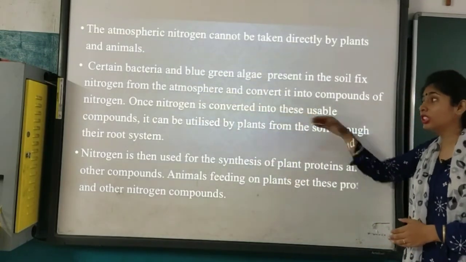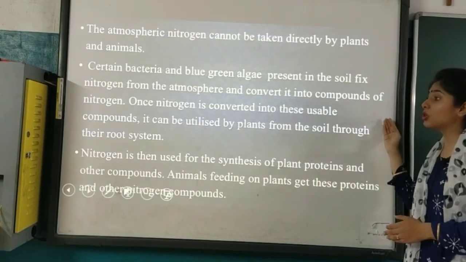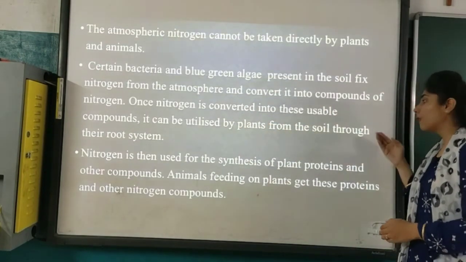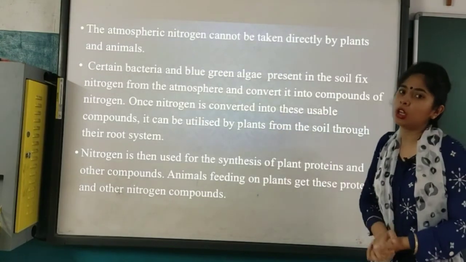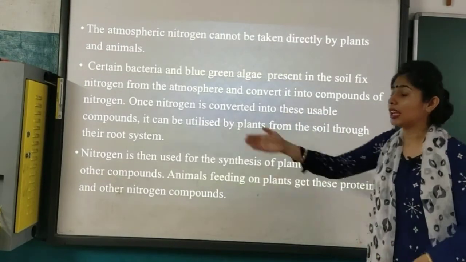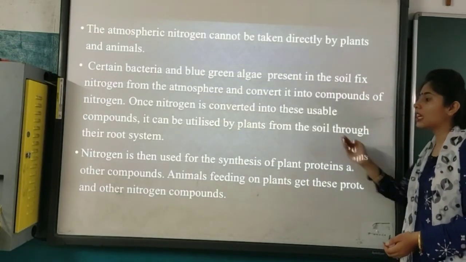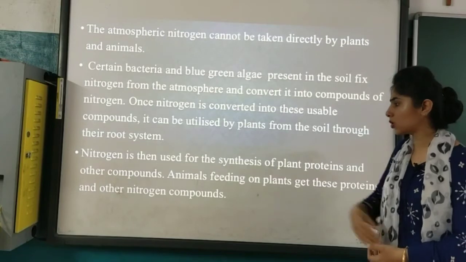Once nitrogen is converted into these usable compounds, it can be utilized by plants from the soil through their root system. Now nitrogen is then used for the synthesis of plant proteins and other compounds.